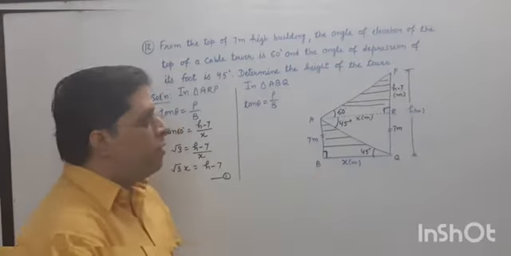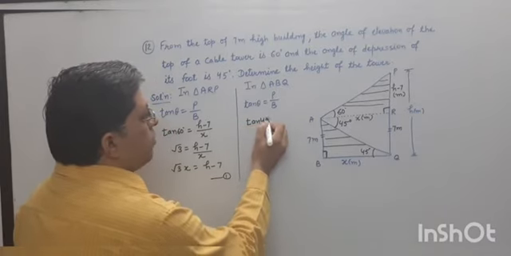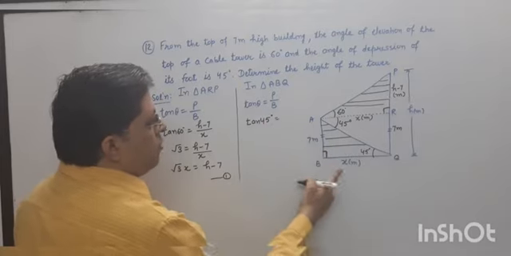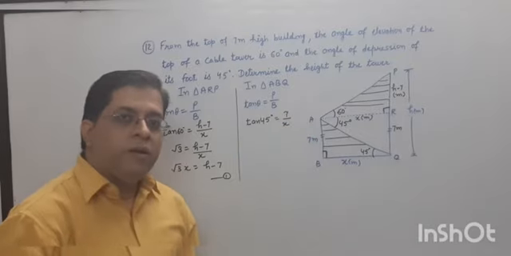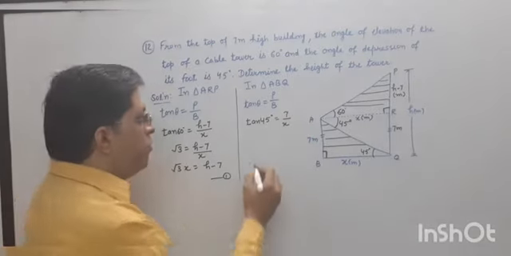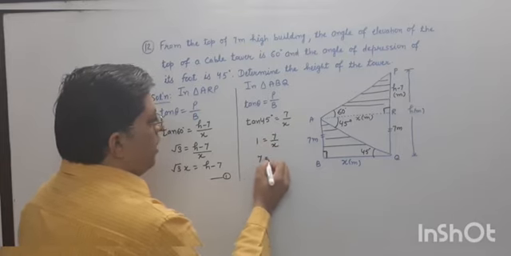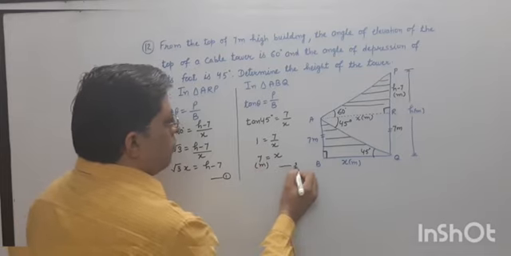Theta is 45 degree, perpendicular is 7 and base is x. We know that tan 45 degree is 1. Then cross multiply, 7 is equal to x. This is 7 meter. Equation number 2.